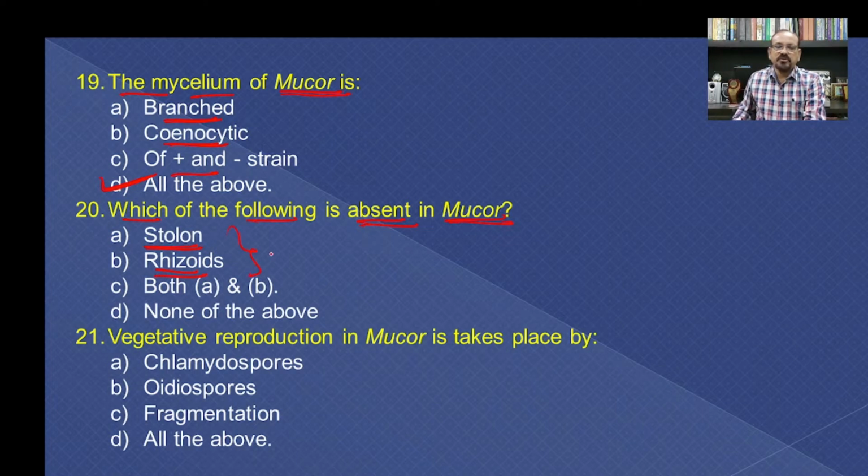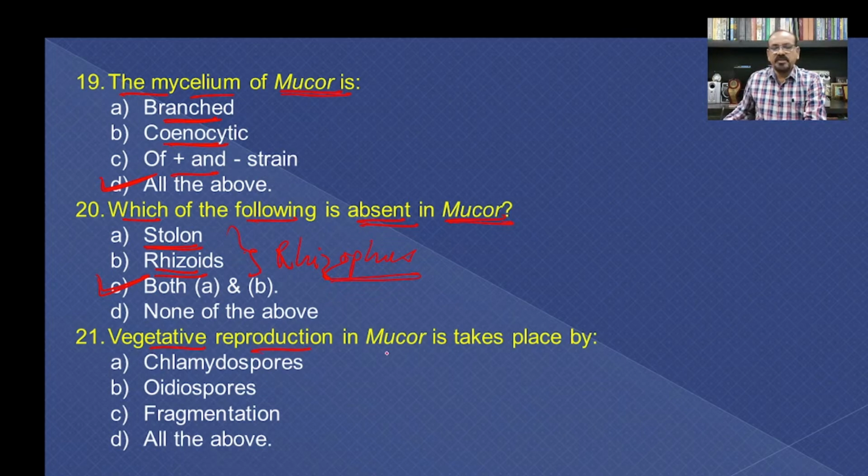The presence of the stolon and the rhizoid is a characteristic feature of Rhizopus, which is another genus of the Zygomycetes, but they are absent in Mucor, and hence both A and B become the answer for this question.